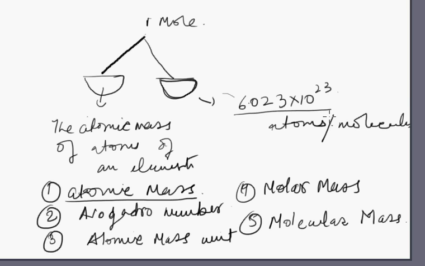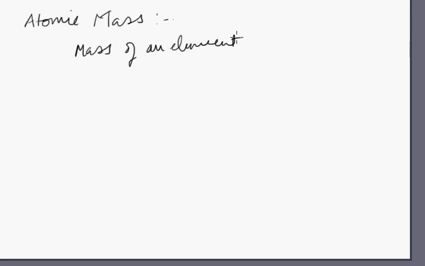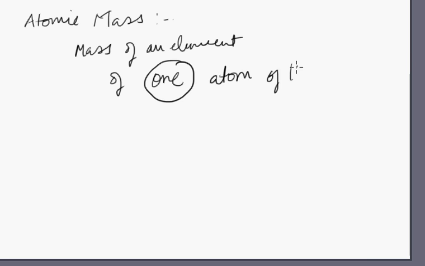For example, if you see here, we call it atomic mass. That is, it is the mass of one atom of that element.